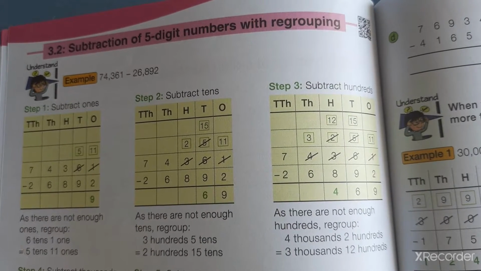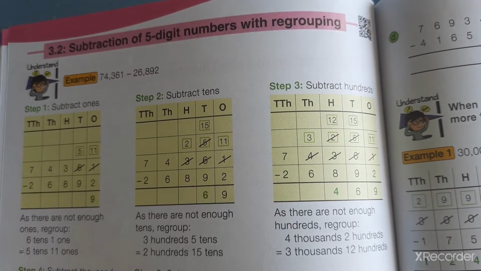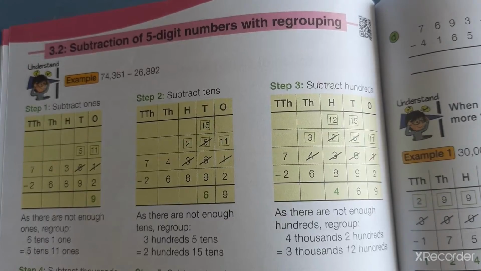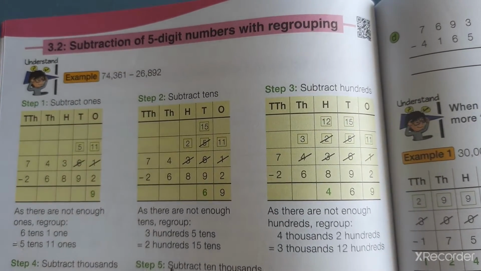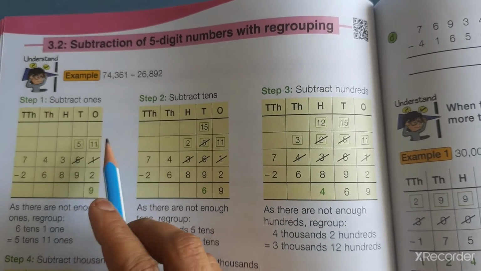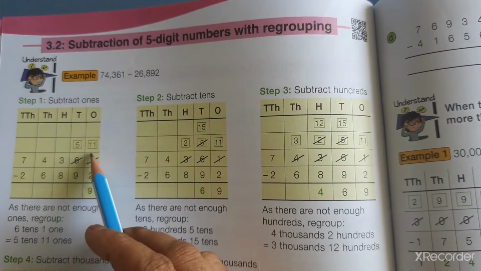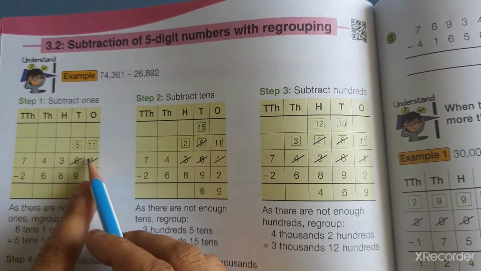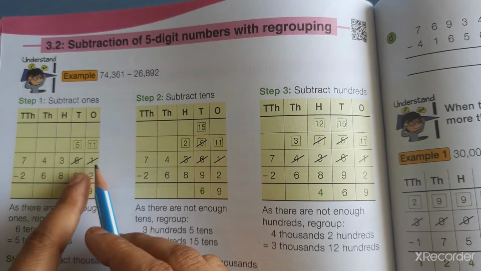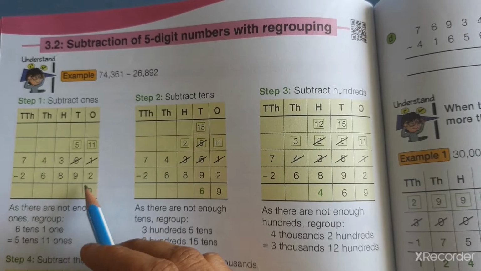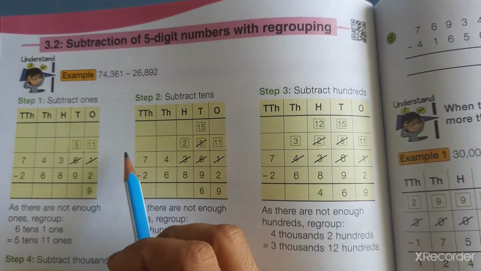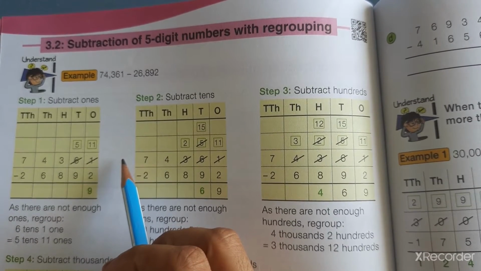Now children, let us see how we do subtraction with borrowing. Why do we borrow? We borrow when the upper digit is smaller than the lower digit, then only we are going to do borrowing.